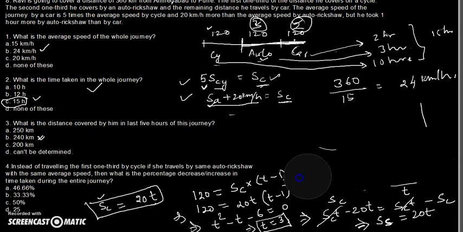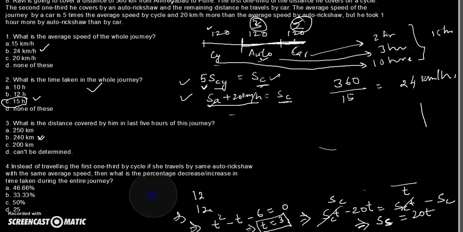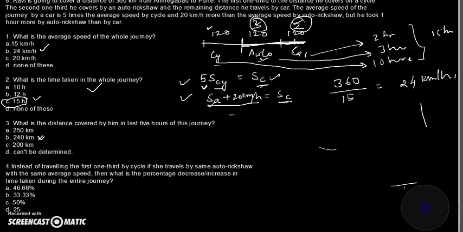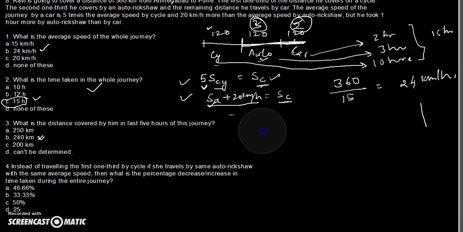Now the last question says, what is the percentage decrease or increase in time if instead of traveling by the cycle for the first 1/3 of the journey, he travels by the same auto rickshaw.